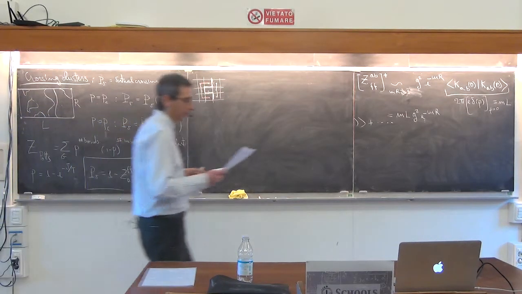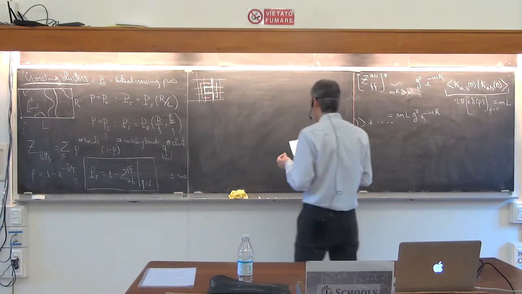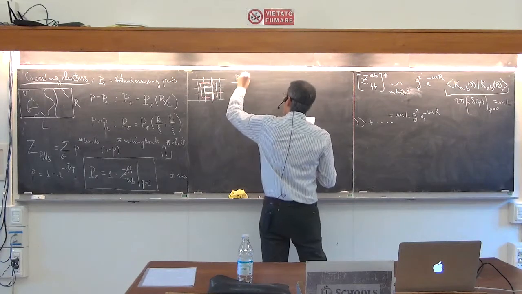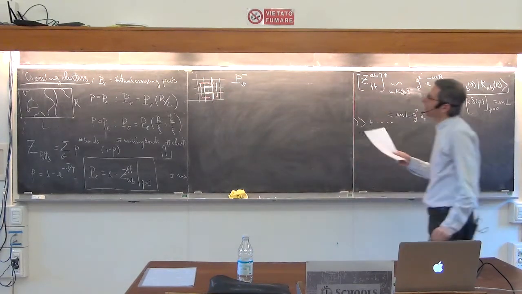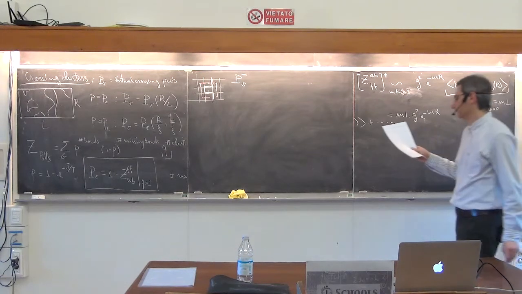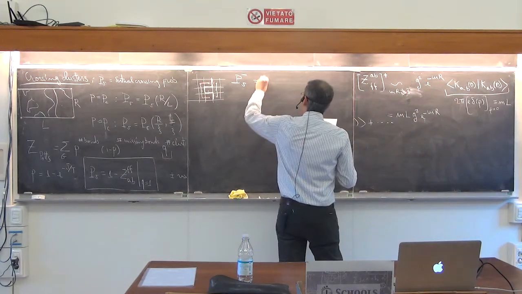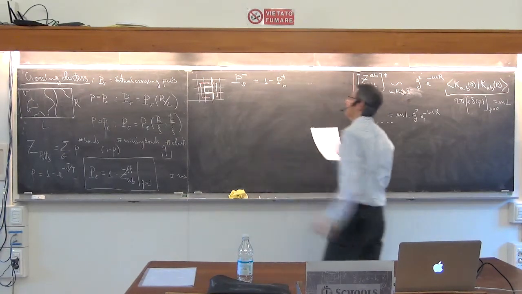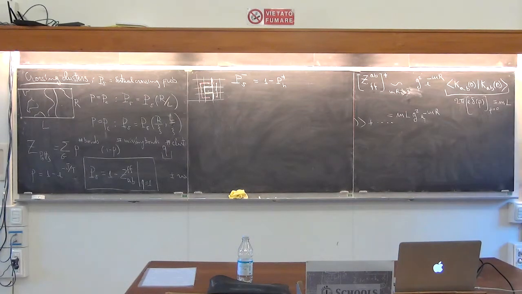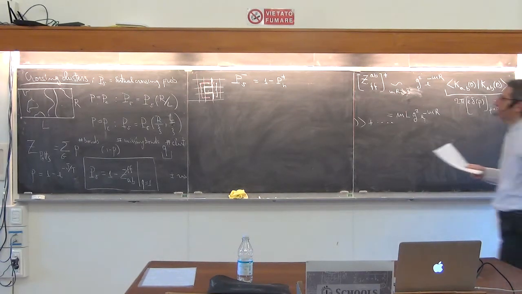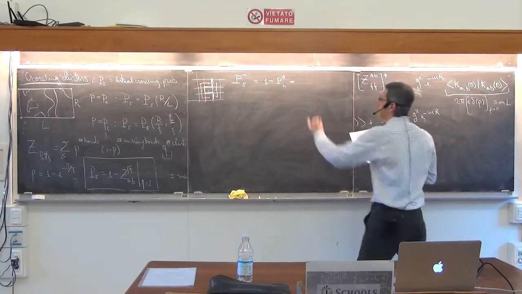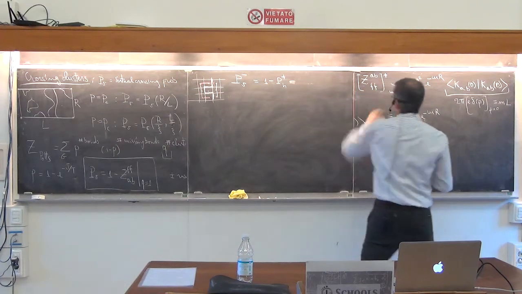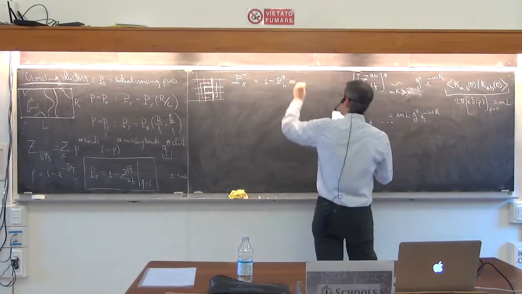So making the story short, this is why you end up with the conclusion that the probability of vertical crossing below PC coincides with the probability of no horizontal crossing above PC. But now you see that, according to our analysis, this guy here is precisely this partition function I have just computed.